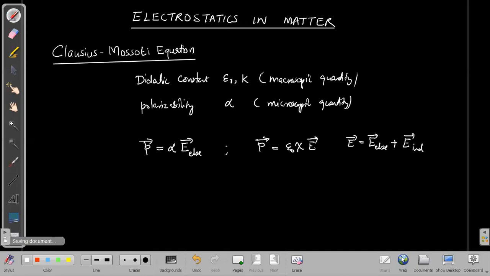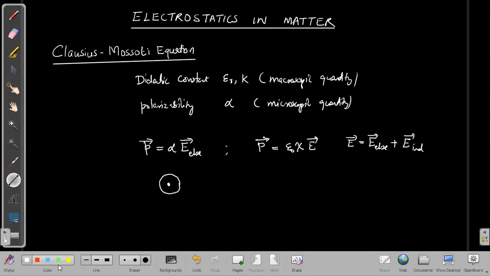Now, usually we discuss this dipole moment in the case of an atom or a molecule, where we can define P equal to alpha E. Suppose you have some atom or molecule like this, a central nucleus and surrounding electrons.